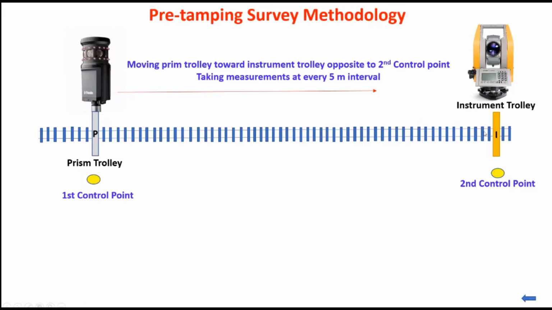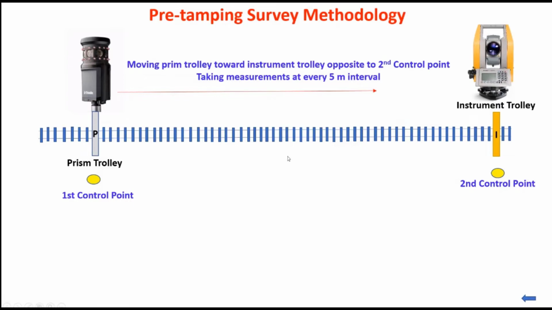And when it reaches there, the trolley is moved to the third control point, and then again it is placed at the second control point and this process is continued. So this is how center line coordinates are picked up at every 5 meter interval.